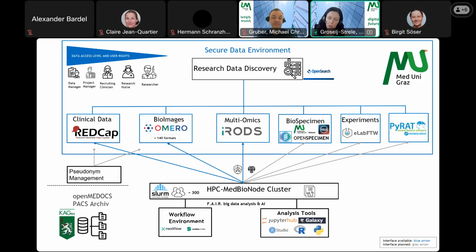On the top of this slide, you can see OpenSearch. This is our research data discovery tool. Whenever you store your data, you can search them within the specific tools, but also in the OpenSearch tool. The OpenSearch tool is, I would say, more for researchers who want to find out if data are available, maybe for secondary use of research.